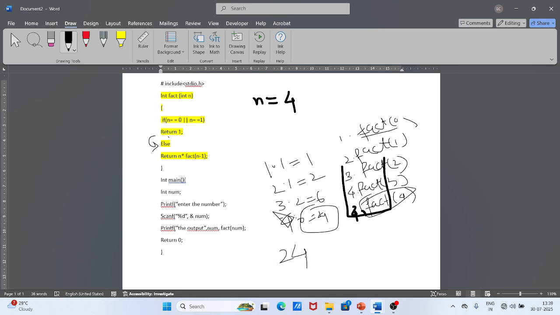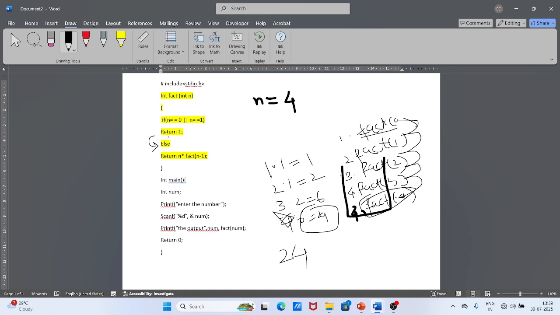So here each call waits for the result of the next call. First it gives the result of this one, then this one, then this one, then this one. So each call waits for the result of the next call. This creates a call stack. So what is the space complexity?